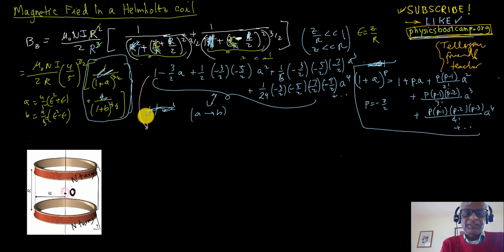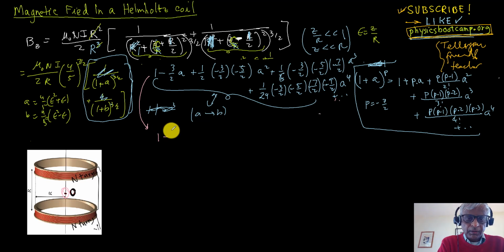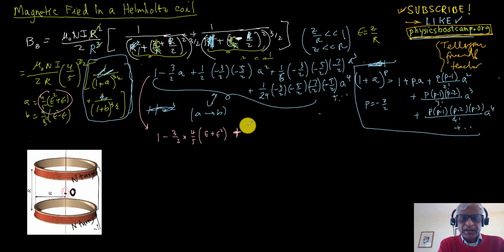So let's see how much that is, in terms of the same power of epsilon, coming from here and here. We're not interested in a or b, we're interested in epsilon. We need to have the same power of epsilon. So if I look at this as 1 minus 3/2, a is this stuff, 4/5 epsilon plus epsilon squared, and then I have a half, and that's plus 15/8.